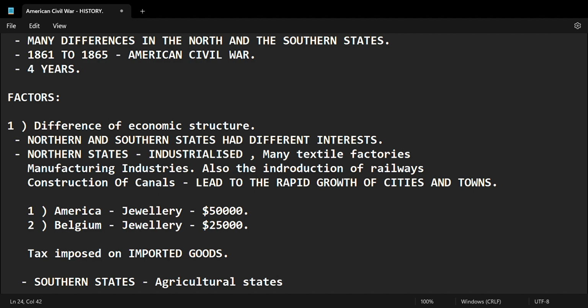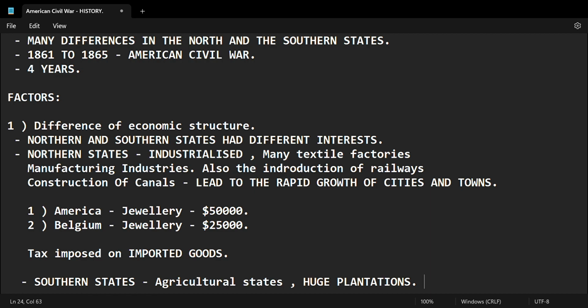Okay, they did agriculture, and they had huge plantations, meaning huge farms to plant crops. So there were huge plantations as well.